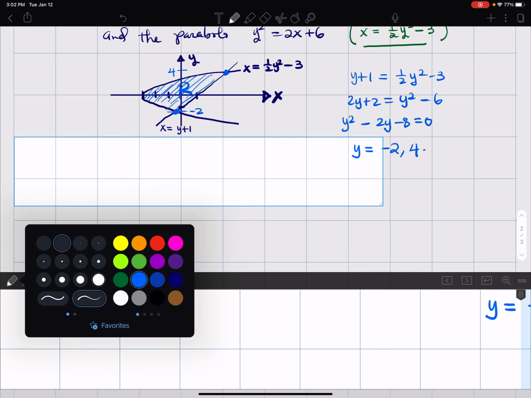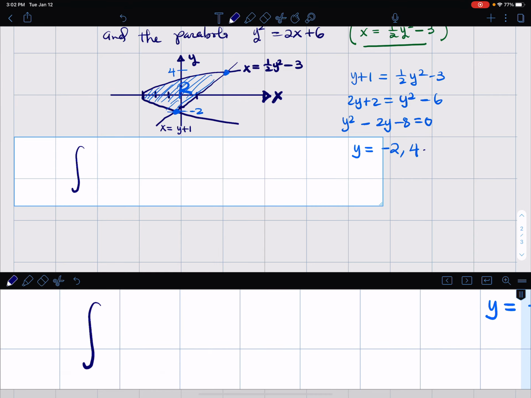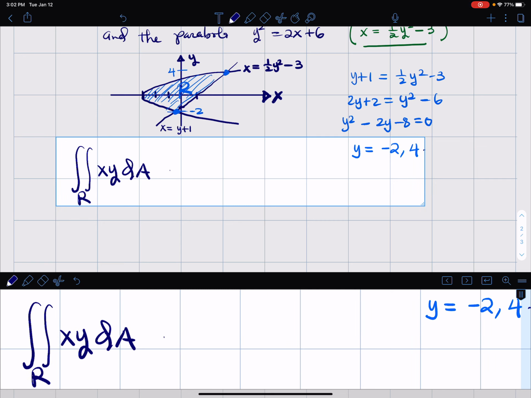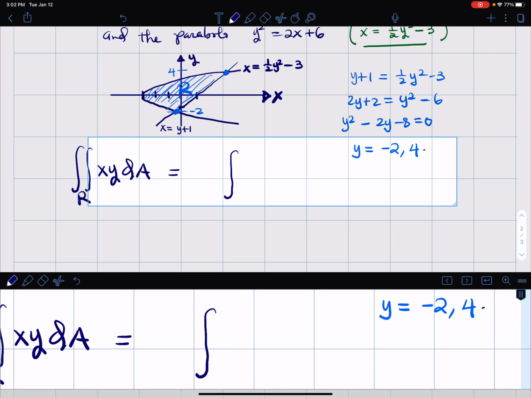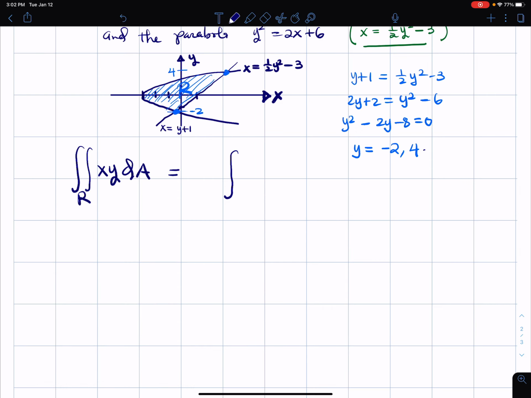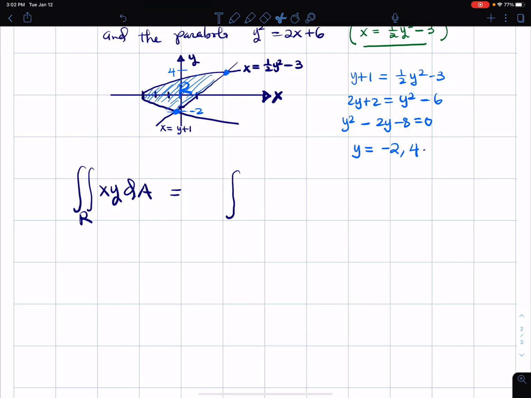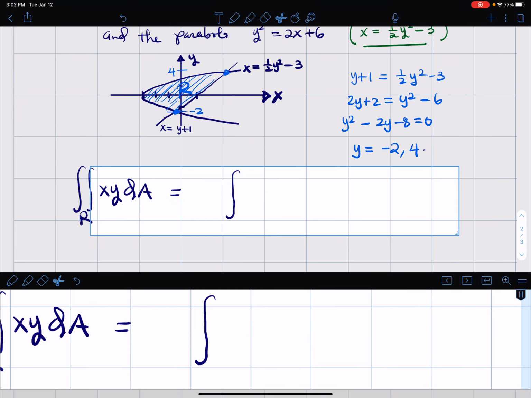Now, just like before, we can write an expression for our region, integral dA. We're going to the inside. Now, things are going to change a little bit. Not too much, just a little bit of reversal, but it makes sense.